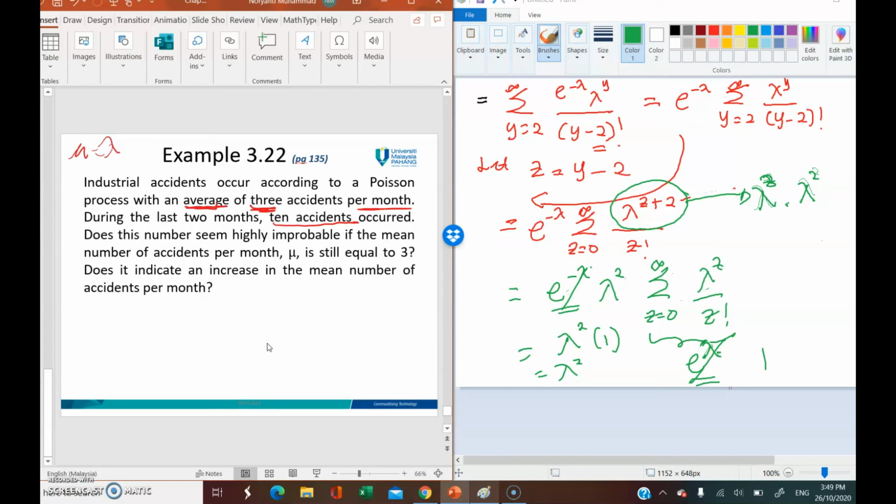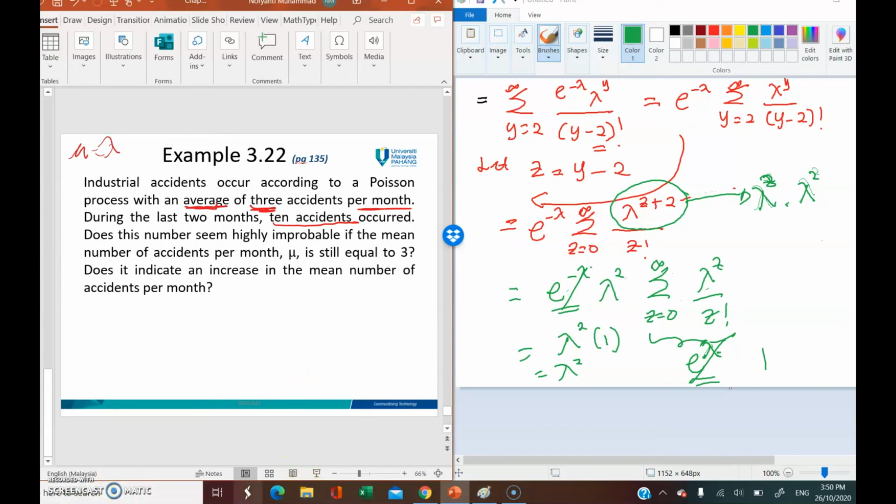Is it impossible or not? And then, does it indicate an increase in the mean number of accidents per month? Because you can see per month 3 accidents, but during the last 2 months you have 10 accidents. So you want to check that.